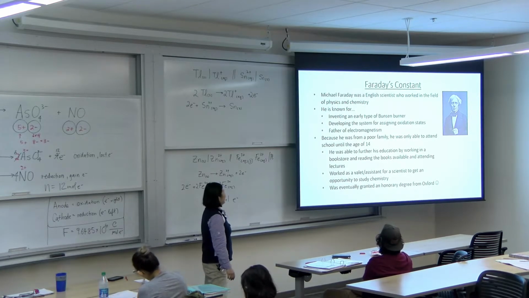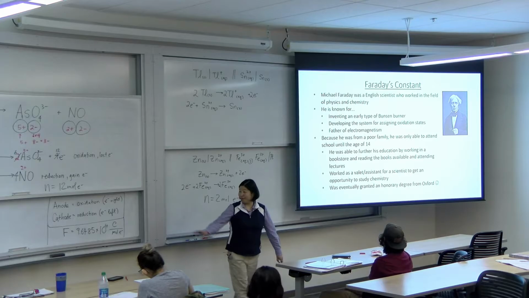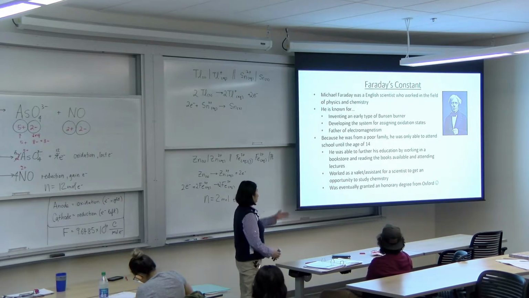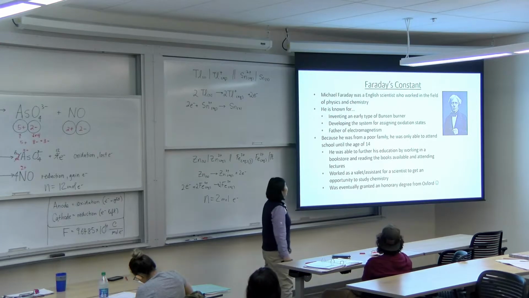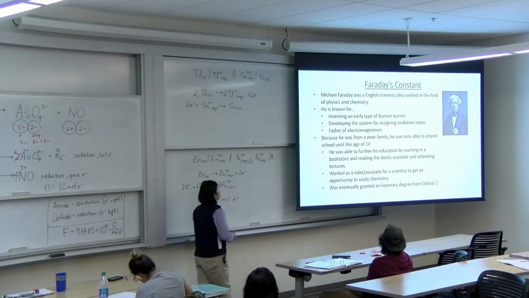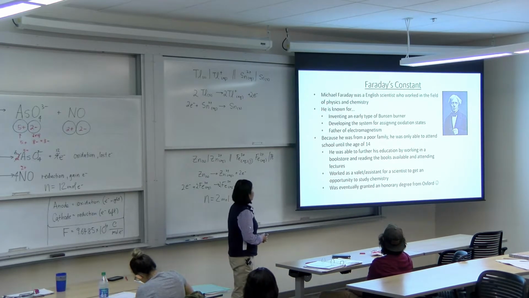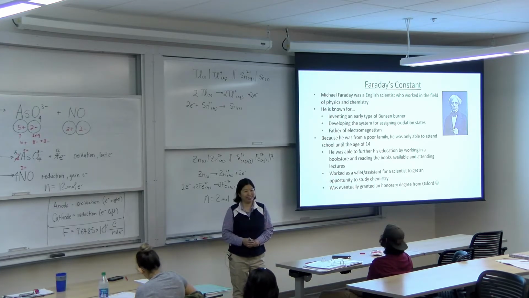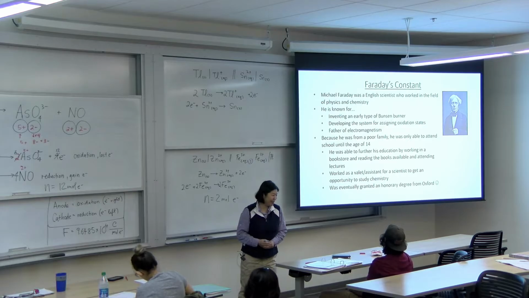Faraday's constant is named after Michael Faraday. He's the nice man with the bow tie there. He was an English scientist who worked in the field of physics and chemistry, and he's known for inventing the Bunsen burner. Do we all remember the Bunsen burner?